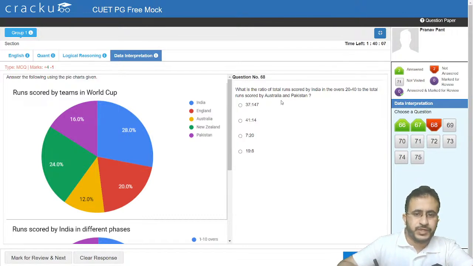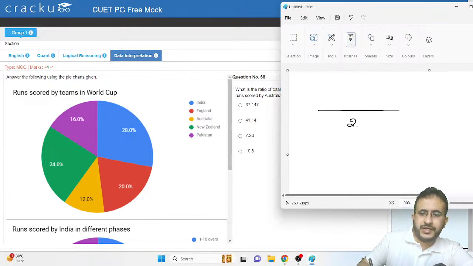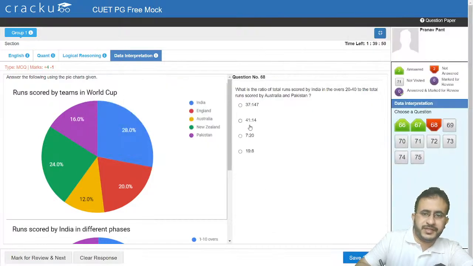See, Australia and Pakistan's runs will definitely be more, okay? Two countries. So Australia is scoring 12% here and Pakistan is scoring 16. That is 28, okay? Australia and Pakistan is 28 and India is also scoring 28. So we can eliminate these two options. Possibly it could be 7 by 20 or 137 by 147.